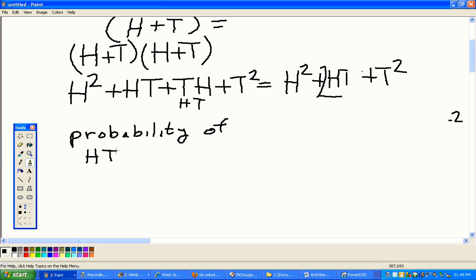If I was going to do that, one way I could see it is that there's two ways that can happen out of a total of 1 and 1, so out of a total of 4. So you could get 0.5 that way. So the probability of getting a head and a tail, flipping it twice, would be 50% or 0.5.